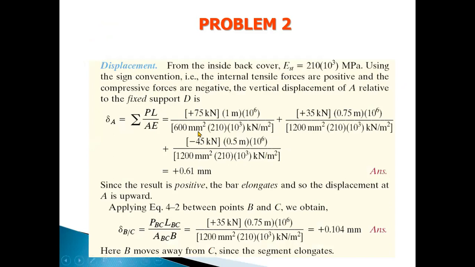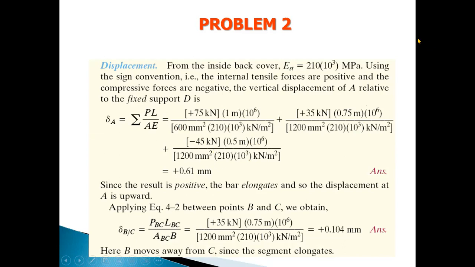Now we have the formula PL over AE. We know the length of each member, the area of each member, and the E for each member. The modulus of elasticity of steel is 210 times 10 raised to the power 3, which is given in the exam. So we have P, L, A, and E. We put the values and get the answer.